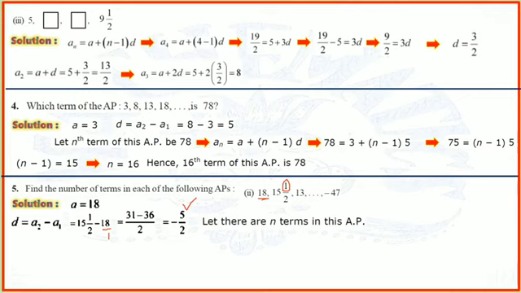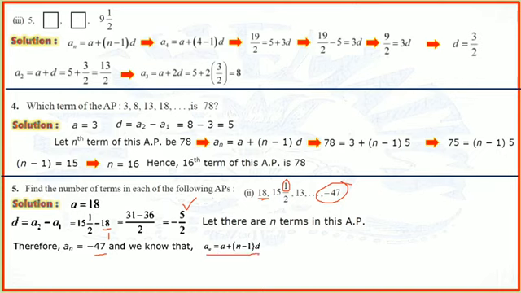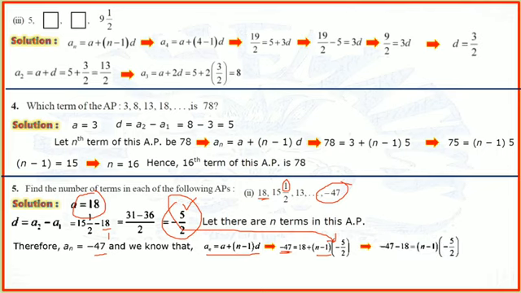Now let there be n terms involved in this AP. So an, the last term, that is the nth term we have supposed, is minus 47. We'll put it in the formula an is equal to a plus n minus 1 into d, which gives minus 47, that is the nth term, equals 18 plus n minus 1 into d, minus 5 by 2, which is equal to minus 47.